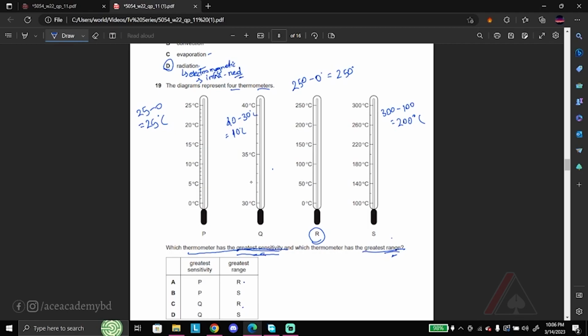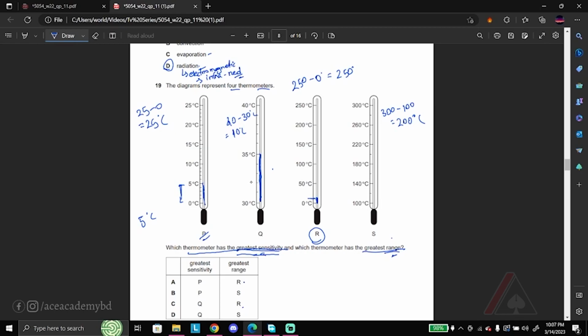So for example, let's take a sample change in temperature, let's say 5 degrees Celsius. For thermometer P, a change of 5 degrees will be this much. And for Q, a change of 5 degrees will be halfway through the thermometer. So it is quite a significant change for 5 degrees. And for R, a change of 5 degrees will be quite insignificant.